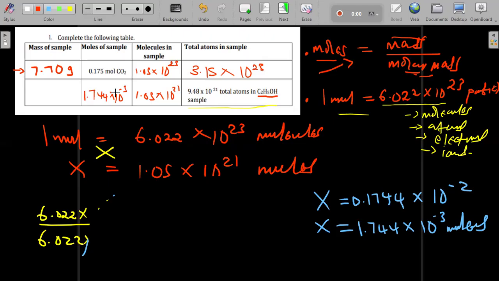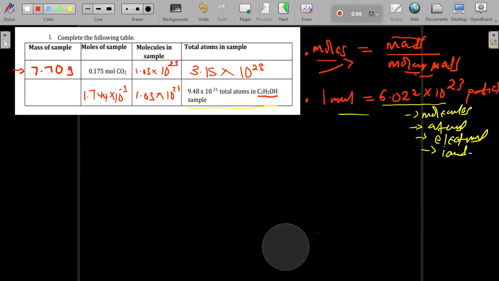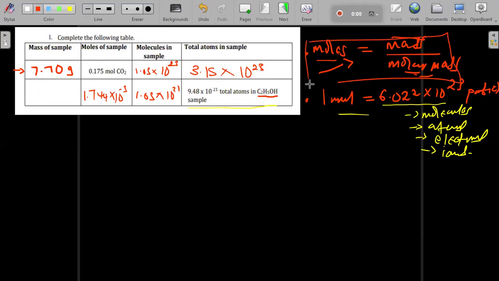And then from there, since we now have the number of moles, we can find the mass. Remember, to find this mass, we're just using this relationship: moles is equal to mass over molar mass. So if we make mass the subject of the formula, mass is equal to moles multiplied by the molar mass. Here we have to calculate the molar mass of this compound.